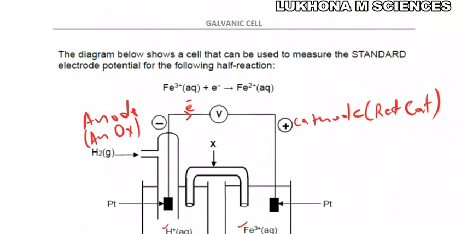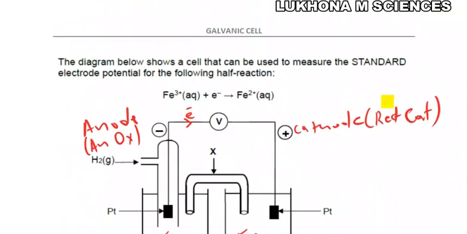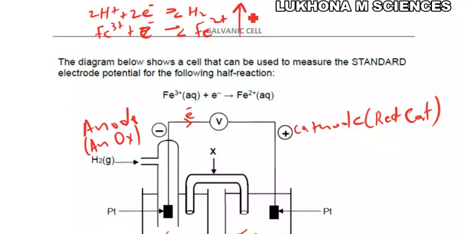Here we have, let me write here, we have hydrogen, that is 2H+ plus 2 electrons, then we get hydrogen there. Then we have Fe3+ plus an electron to form Fe2+.